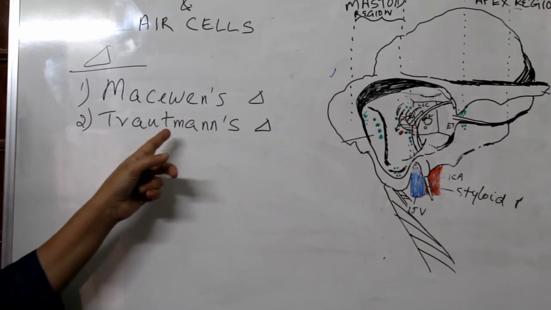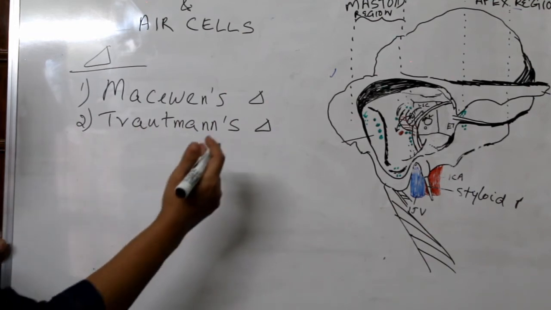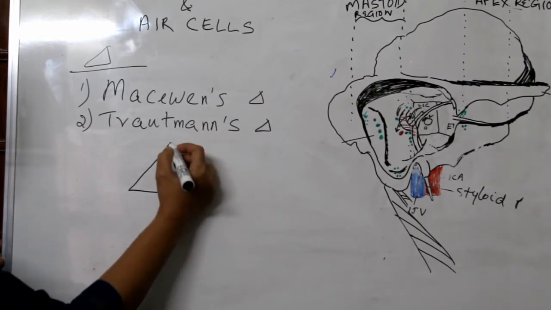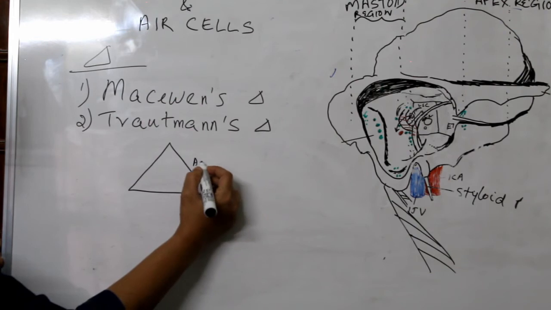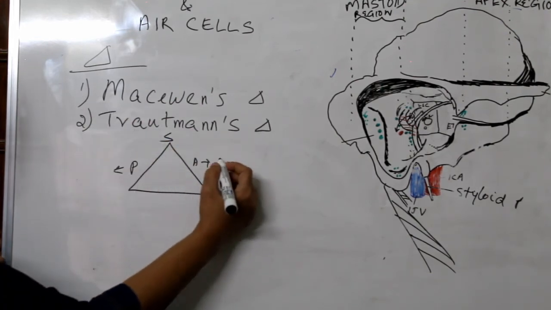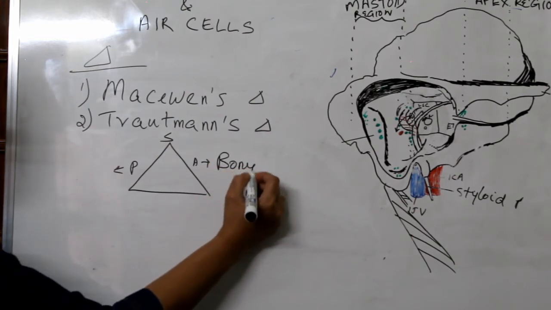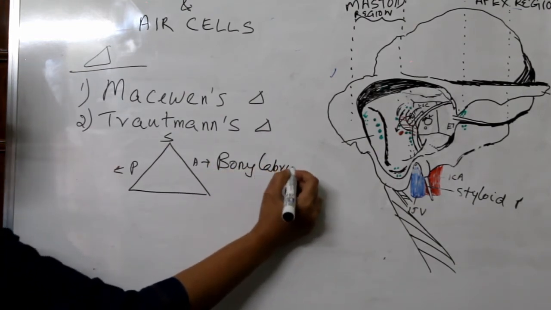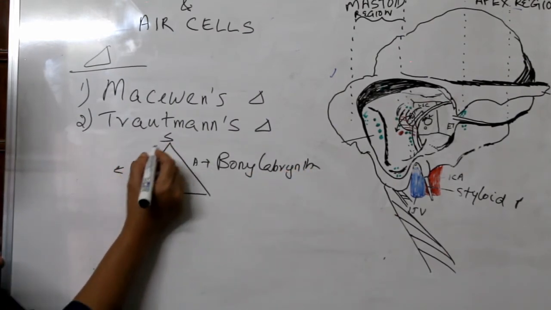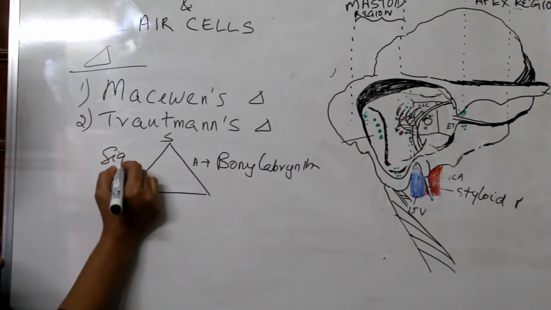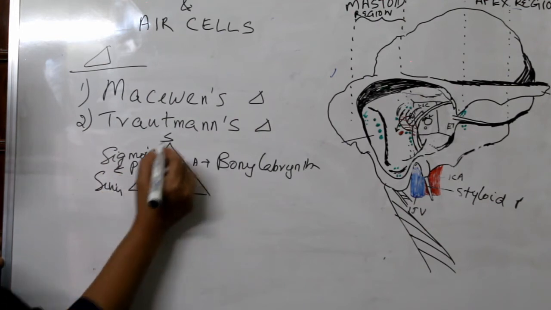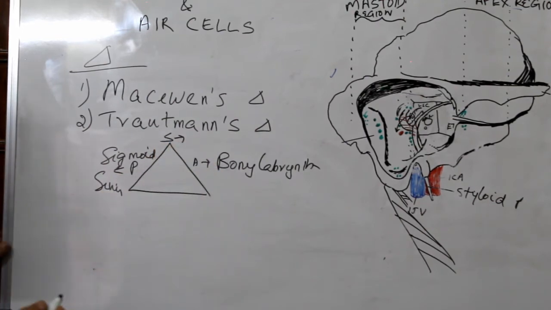Trotman's triangle is bounded anteriorly by the bony labyrinth, posteriorly by the sigmoid sinus here, and superiorly by the superior petrosal sinus.